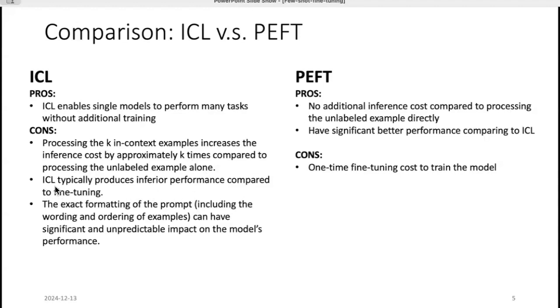And usually the in-context learning produces inferior performance compared to the fine-tuning version. Fine-tuning is usually the upper bound, the maximum performance you can get with the custom data you have. So ICL comes at a cost: yes, you can launch it quickly, but it may not be as good as the fine-tuned version.